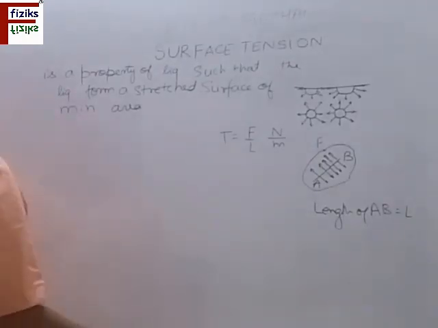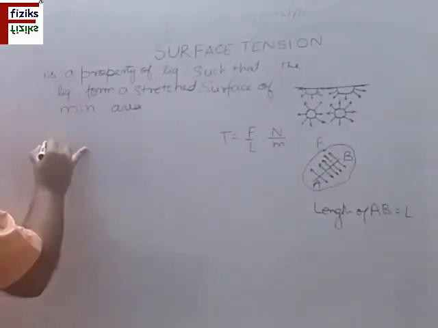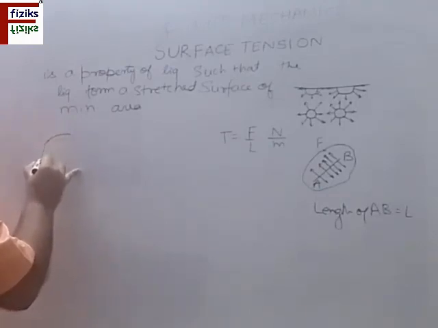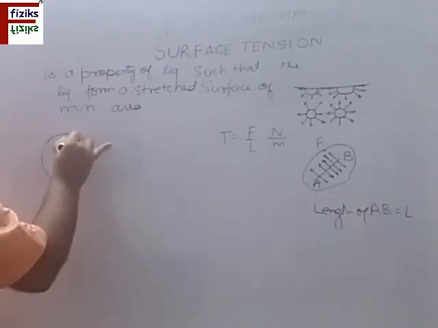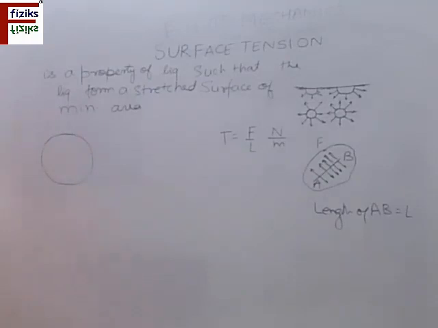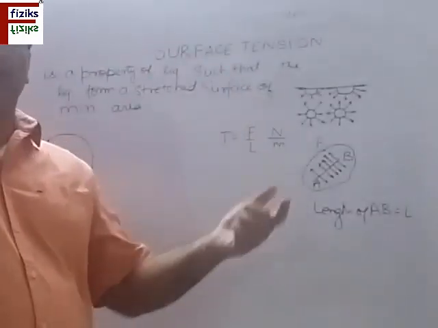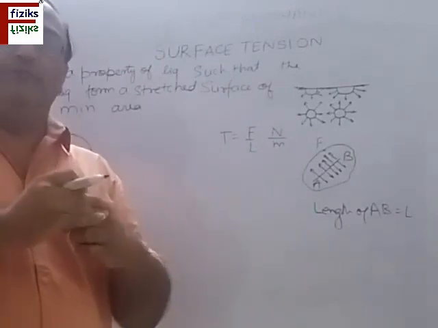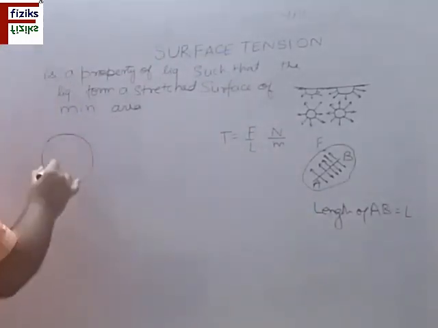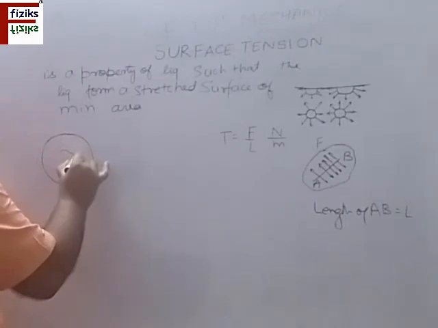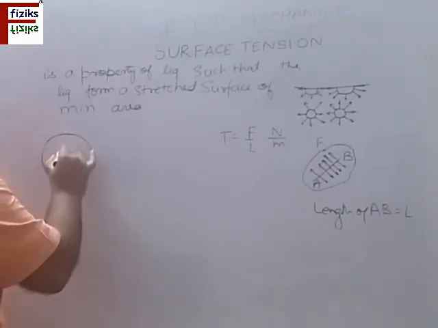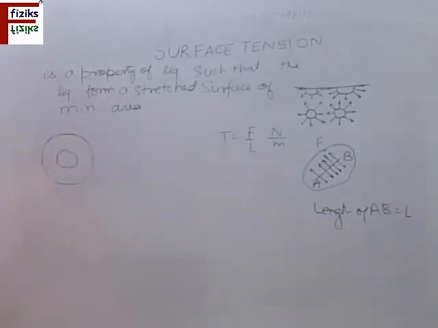Now let us take another example. Suppose I have a ring and it is dipped in a soap solution. If it is dipped in it, the soap forms a film, a surface. And suppose we have a thread that is kept inside this before forming the surface.